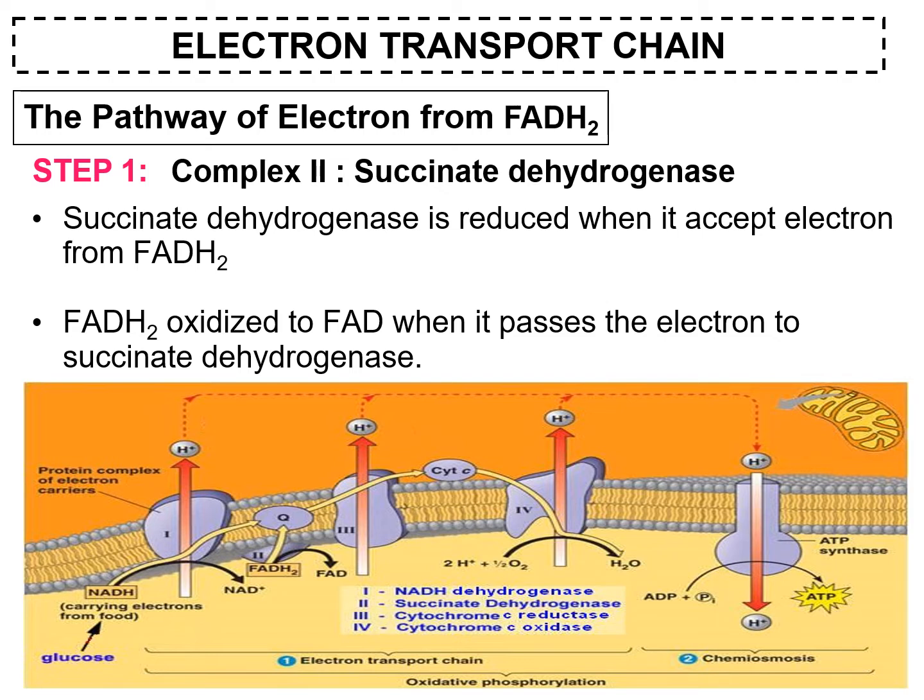FADH2 will pass the electron to the succinate dehydrogenase, which is complex 2. So succinate dehydrogenase is reduced and FADH2 becomes oxidized.